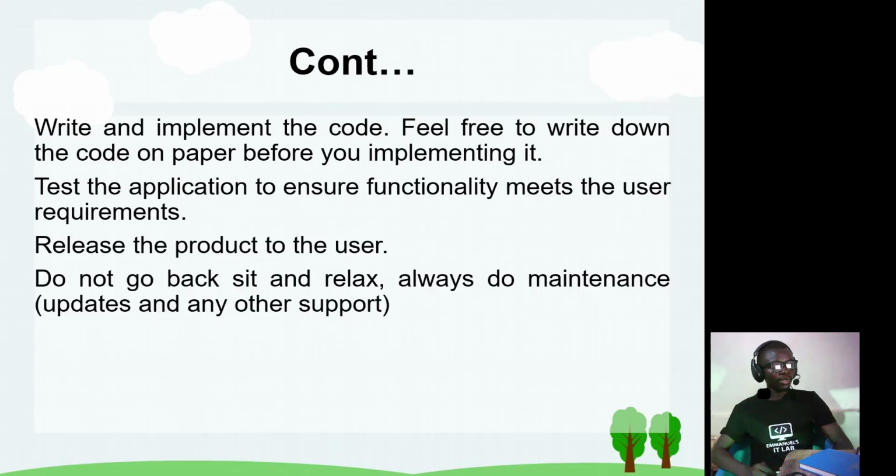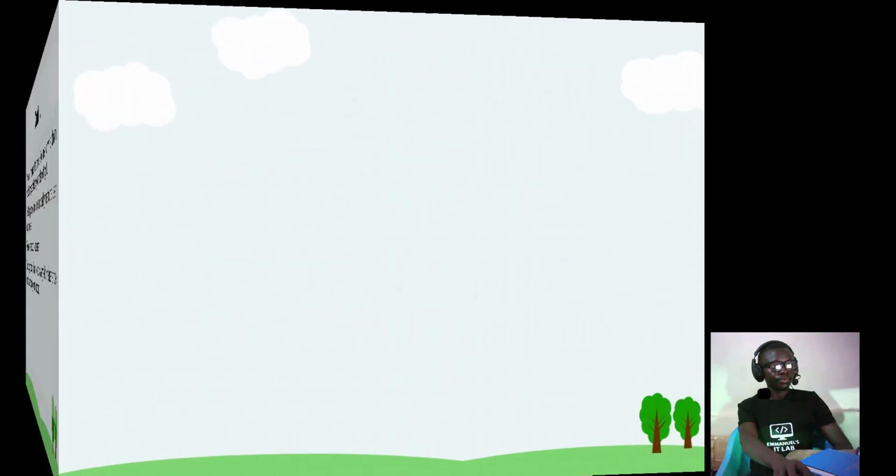So test the application during development, then after development, perhaps get somebody to help you test the application. Then later on, deliver the product to the user or the client. So do not sit back and relax after you have delivered the product to the client. Always maintain it such that you can stay live in the field.